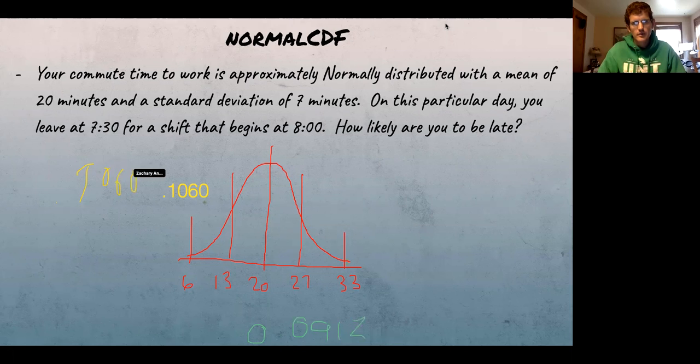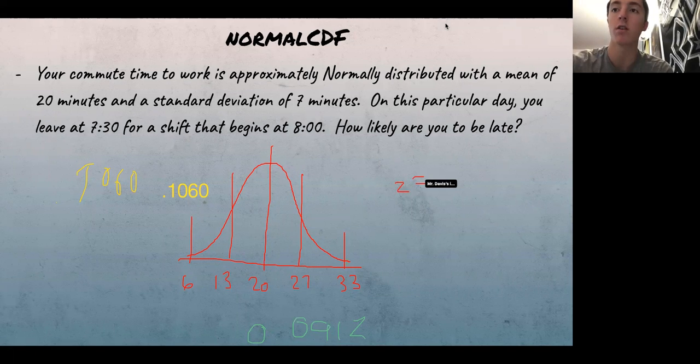Okay, so we're hovering around 10%. A little bit above, a little bit below. We'll see why it might have worked out that way. But just to talk through it, assuming that showing up right at 8 o'clock is fine, what is our X value that we're interested in for this one? 30.